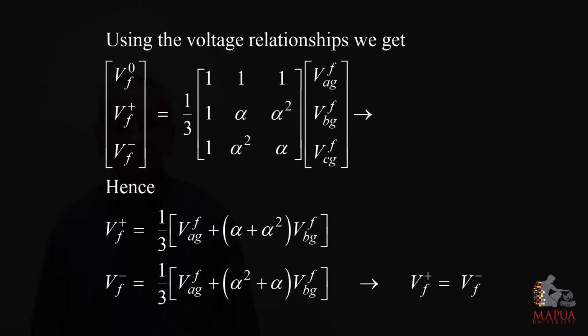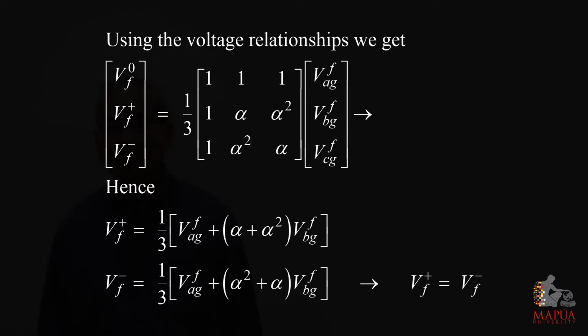Now, VF for the positive sequence is equal to 1/3 multiplied by the quantity VAG plus A plus A squared times VBG, and VF for the negative sequence is equal to 1/3 multiplied by the quantity VAG plus the quantity A squared plus A multiplied by VBG.